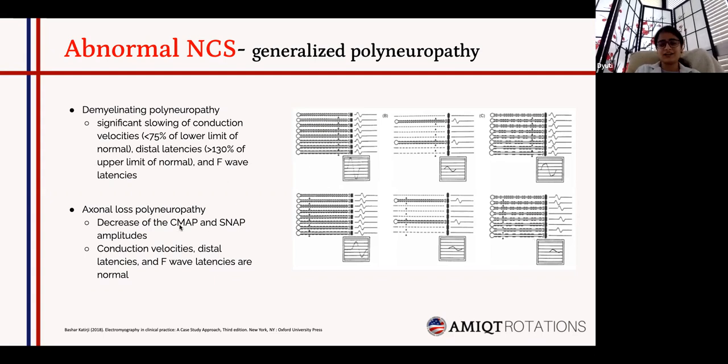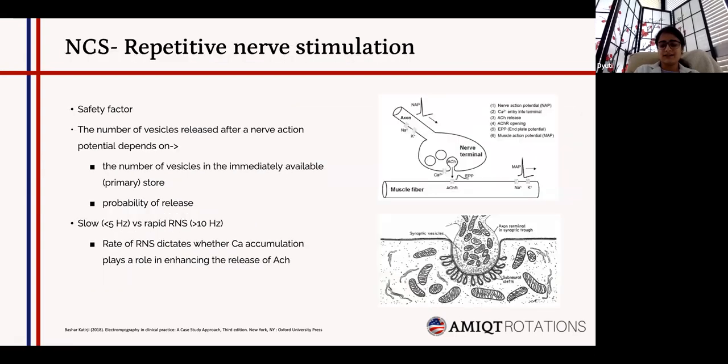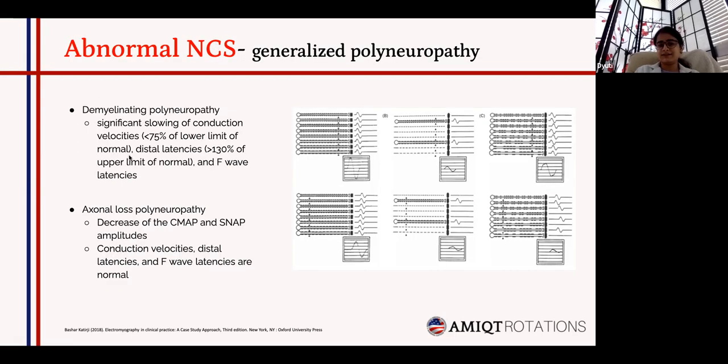Whereas in an axonal polyneuropathy, we will get decreased amplitudes, and the conduction velocity and distal latencies would be normal. So the typical pattern in a demyelinating process is prolonged latency and slow conduction velocity with conduction blocks, and in an axonal process, it is decreased amplitudes.